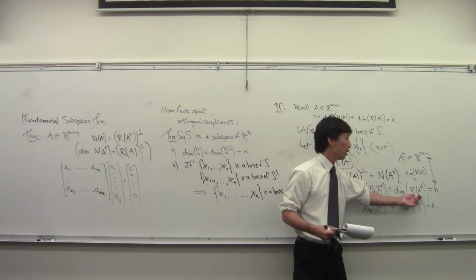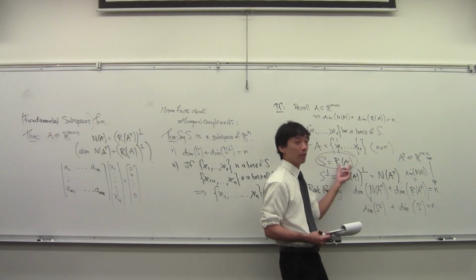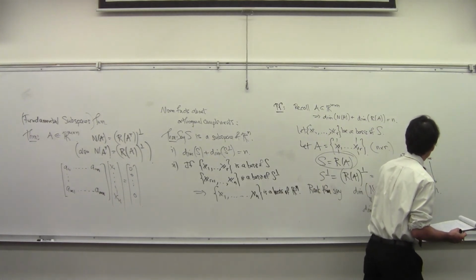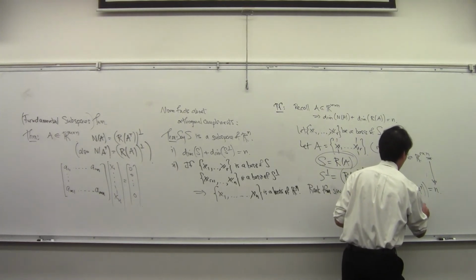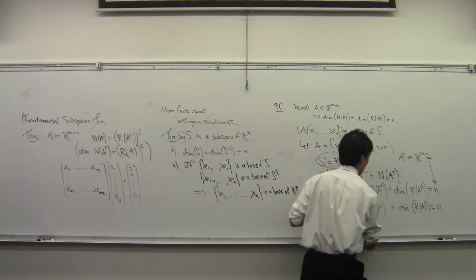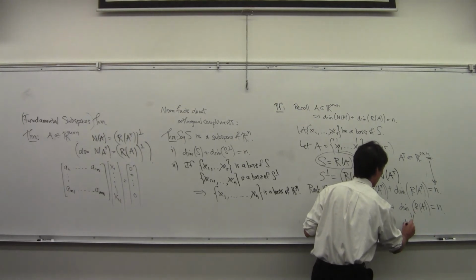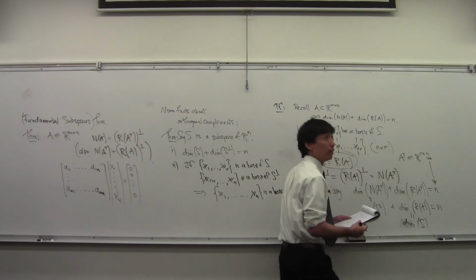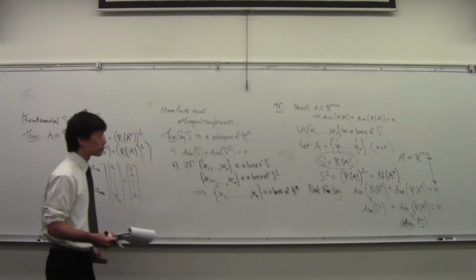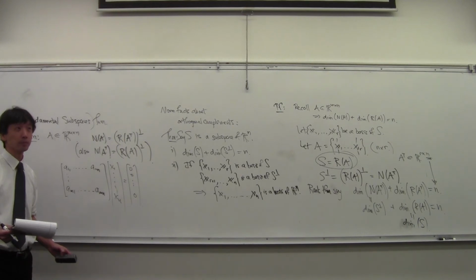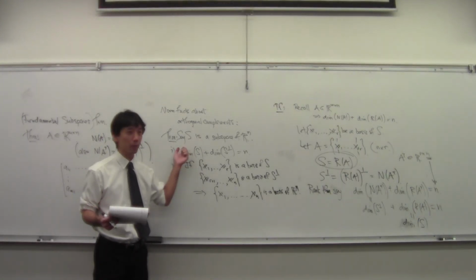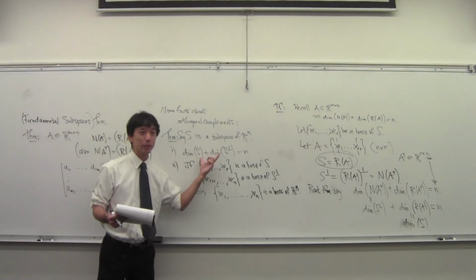This is the range of A transpose, this is the range of A. But the dimension of the range of A is the same as the dimension of S. So the dimension of the subspace and the dimension of its orthogonal complement are complementary to each other. They add to n.